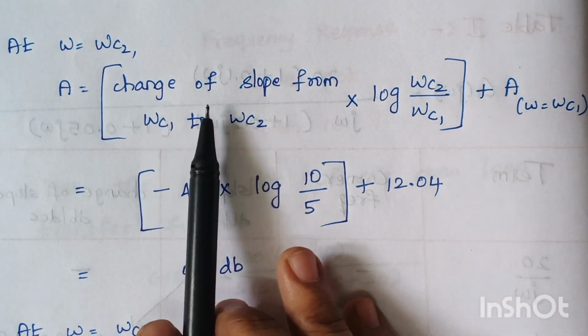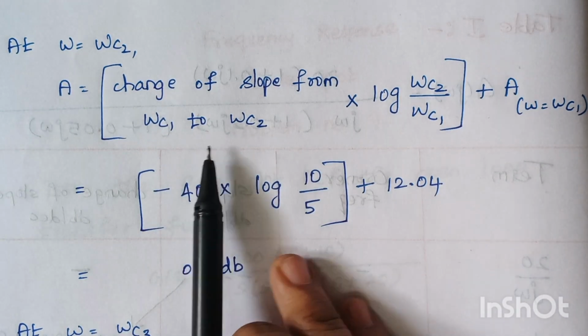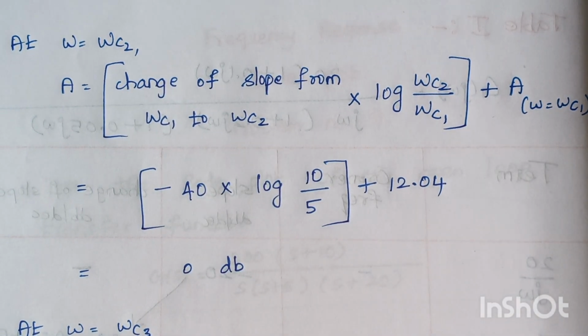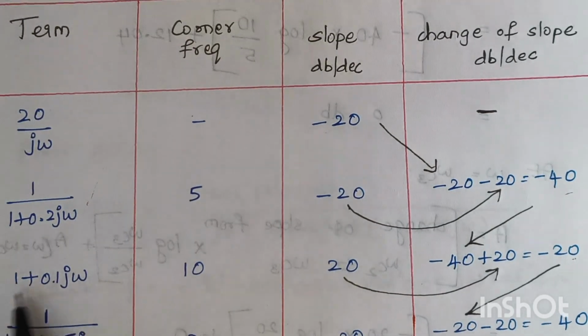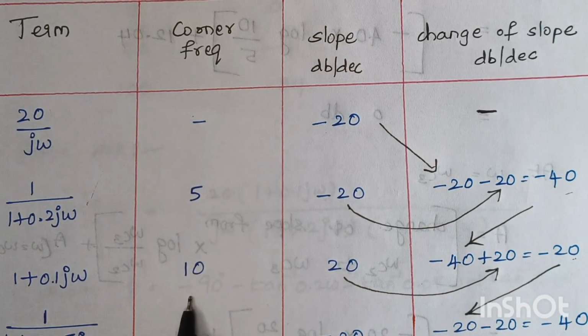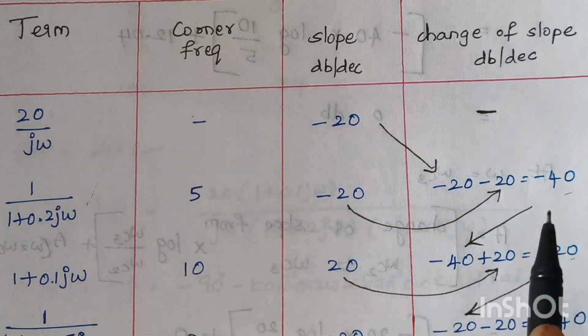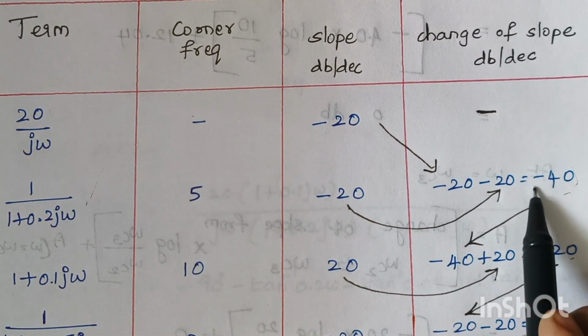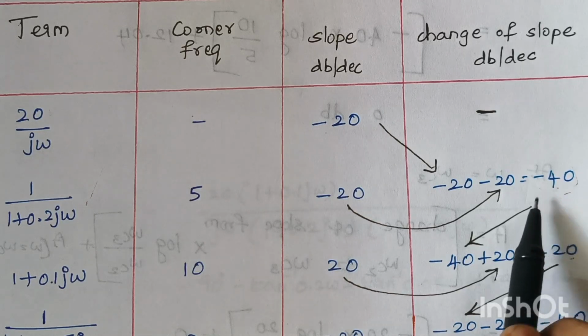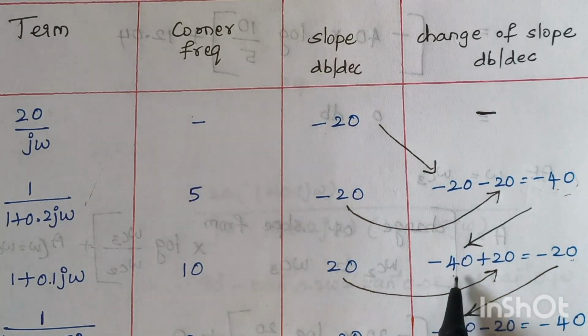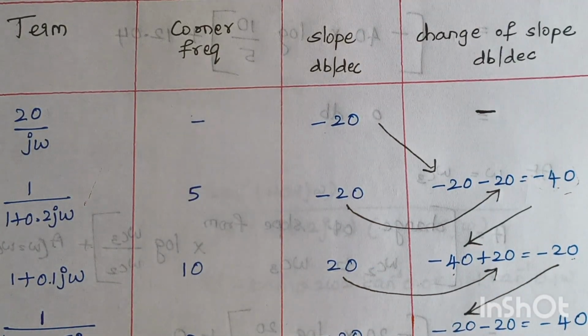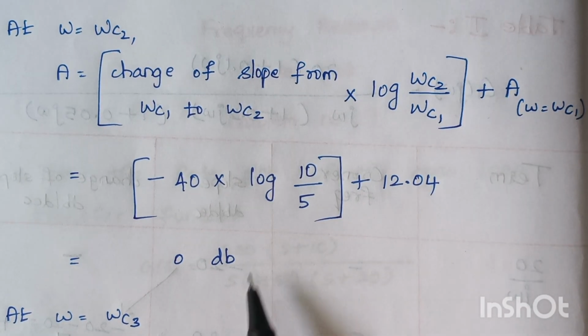So here, change of slope from omega C1 to omega C2, we have to look at our table. So this is our omega C1 and this is our omega C2. So from omega C1 to omega C2, what is the change of slope? It is minus 40, right? Because this minus 40 is contributed here. So just substitute the values.